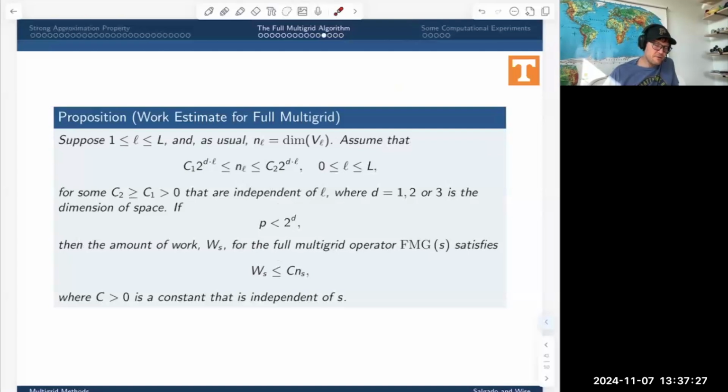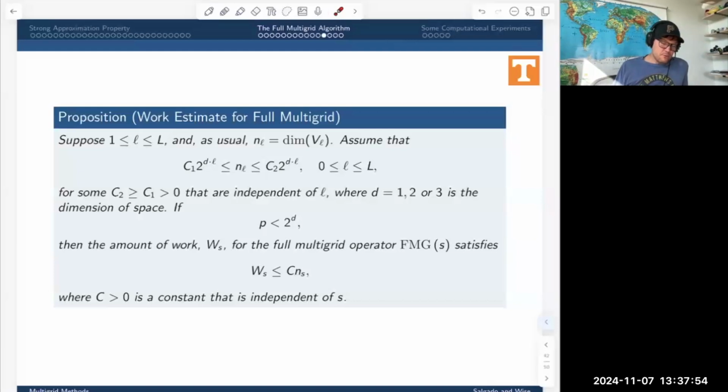And if you're into building algorithms, work estimates are your bread and butter. We haven't done any work estimates yet in this course. This is our very first one and maybe even the last one, but this is all we really need, because it's the thing which shows the optimal order in terms of work that is provided to us by a full multigrid.